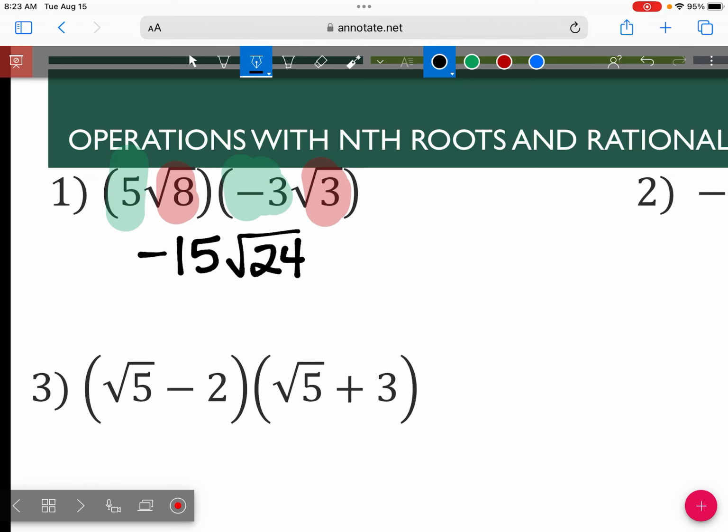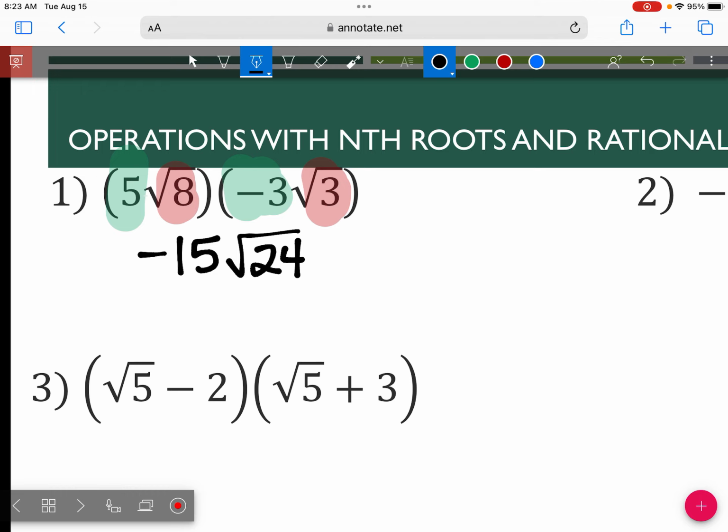But you have to be careful. Anytime you have a square root, you have to simplify it. So 24 is not a perfect square, but there is a number here in this list of perfect squares that will divide evenly into 24. And that would be 4. So you're going to take that 24 and break it apart to 4 times 6.